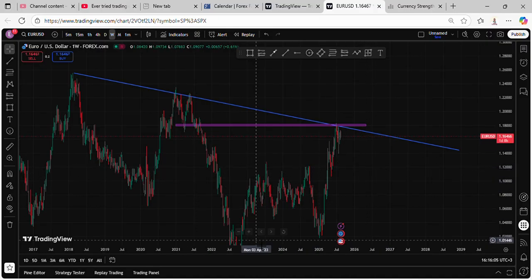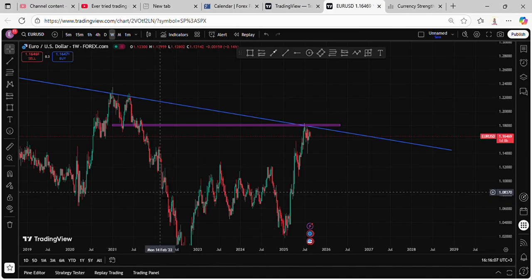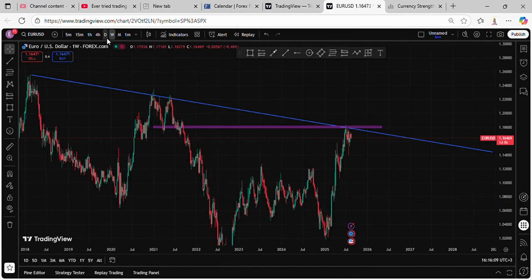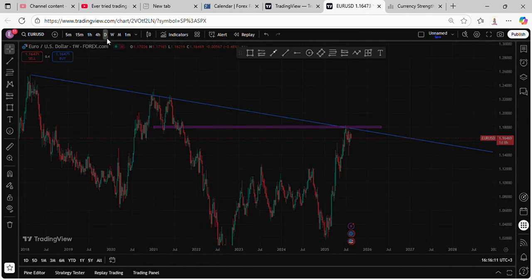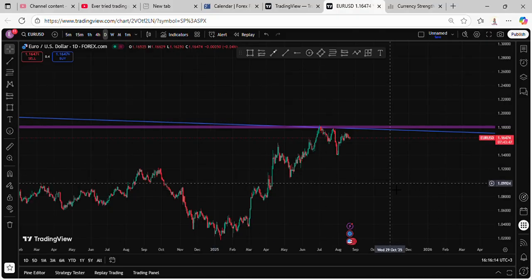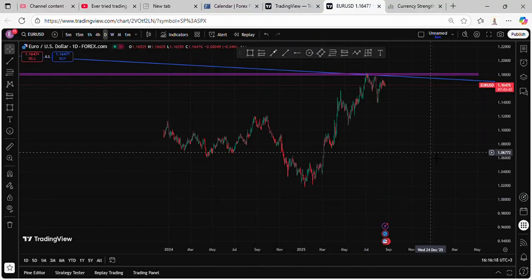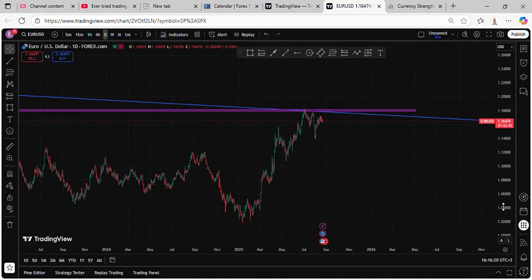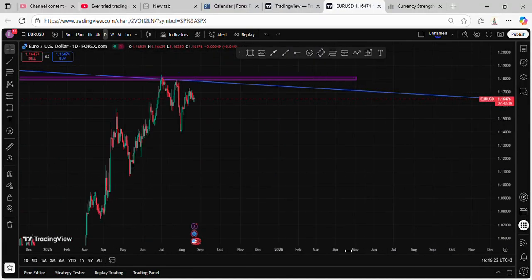When you go down in our daily time frame, we expect the market to continue to move to the downside. In the daily time frame, you can easily see I'm seeing reversal candlesticks happening.